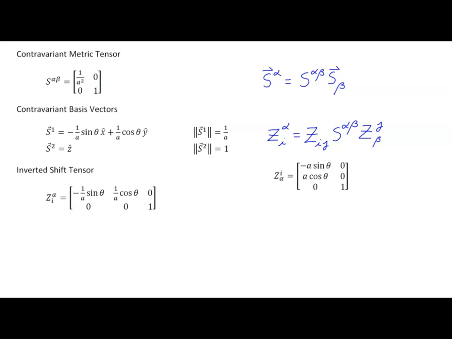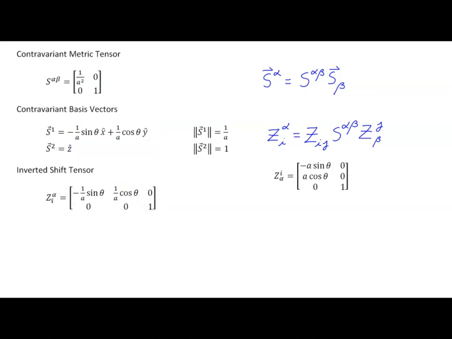Okay, now I'm sure that you can see here that the elements of our inverted shift tensor are just the components of this contravariant basis vector. Here, this element and this one are the same as this, and the one here is the same as the element right here.